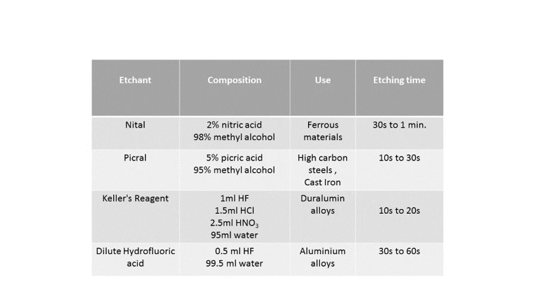So we cannot completely differentiate the grain boundary, but only partially. So the etching time as well as the concentration of the etchant have to be optimized depending upon the type of material we are using.